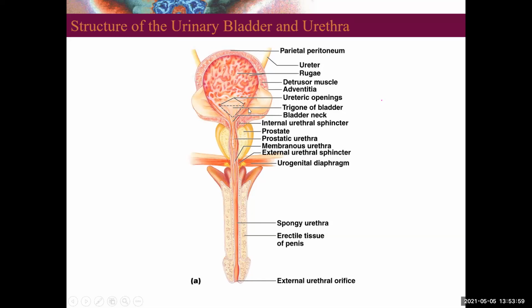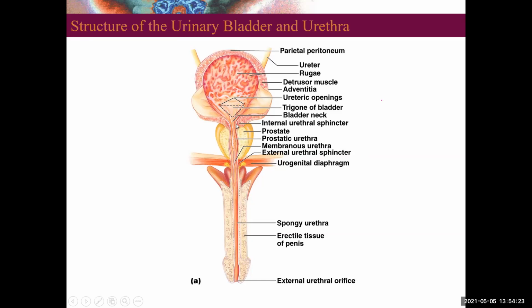And then this is the bladder neck. And once it is out through the pelvic diaphragm muscles, you see here, then you have the internal urethral sphincter. And in male, there is the lower urogenital diaphragm, which is the external urethral sphincter. Between these internal and external, you have the prostate gland, and then the urethra is passing.